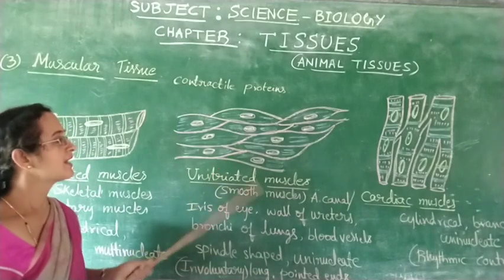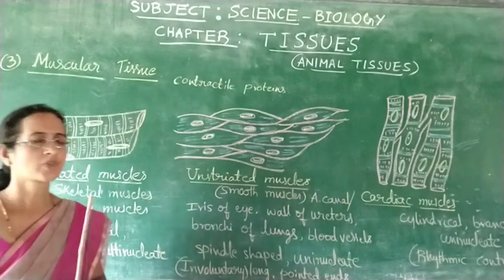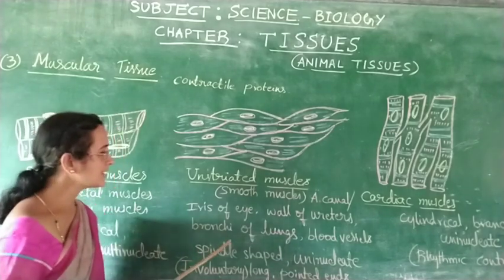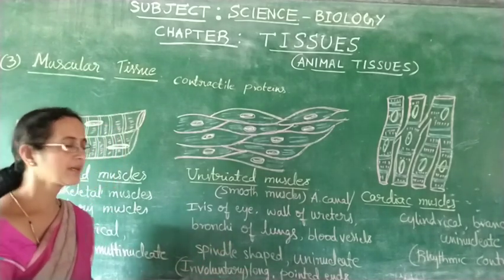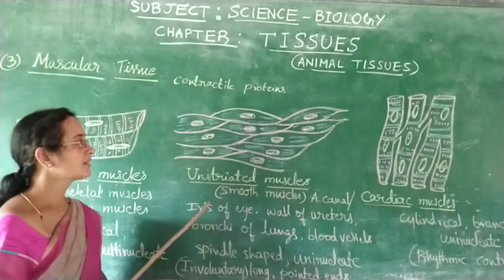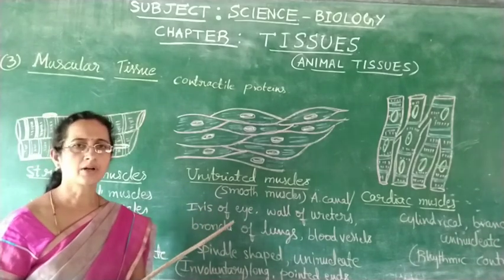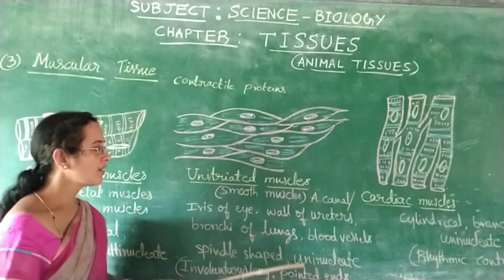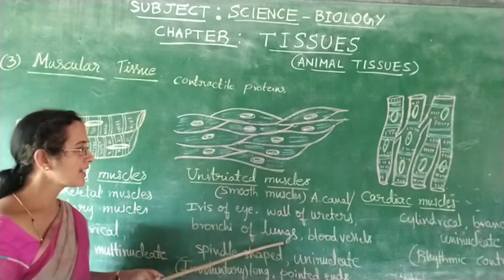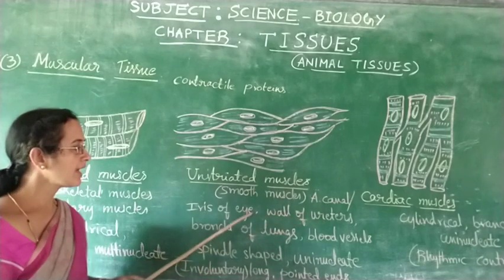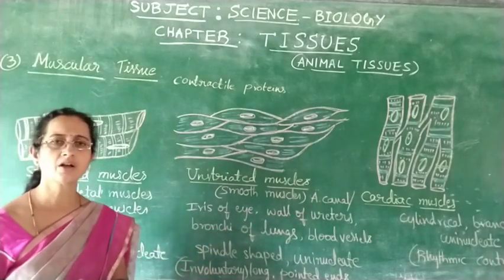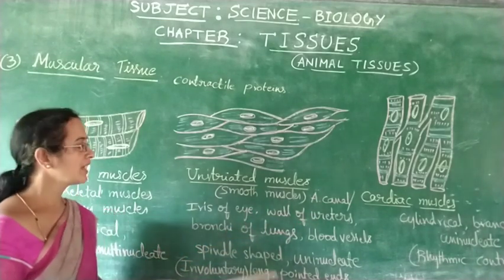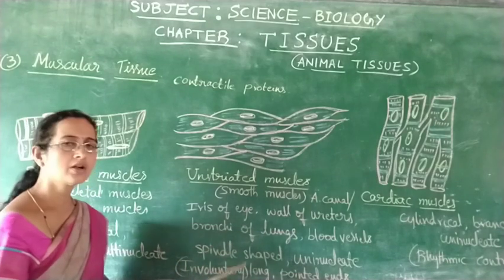So these are called unstriated muscles. These are considered involuntary muscles because they are not under our control. Some of the functions going on in our intestine, blood vessels, lungs, kidneys or the eye are not under our control. So they are considered involuntary muscles.